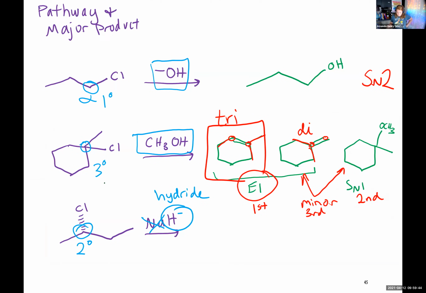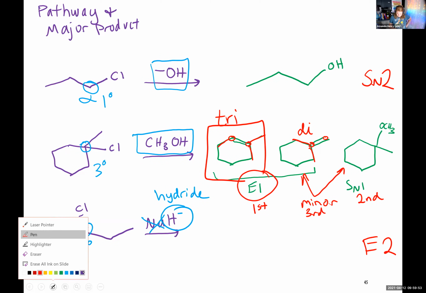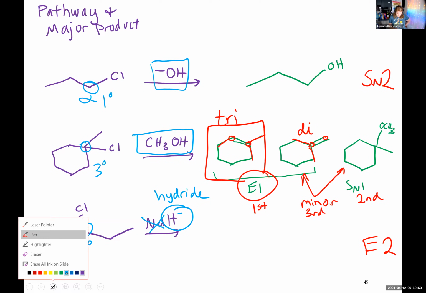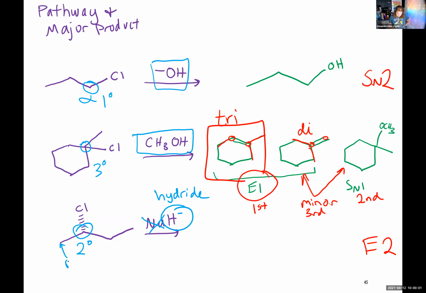So E2 tells me that it's going to be an elimination reaction. So we have two different beta carbons. Beta, beta. But if we're only drawing the major product, should I go to the beta on the left or the beta on the right?